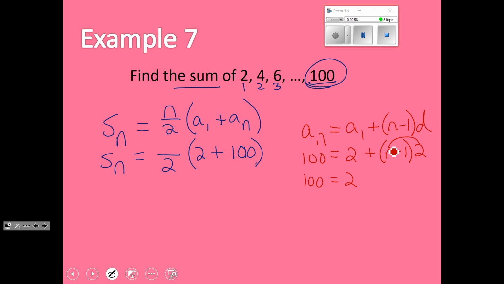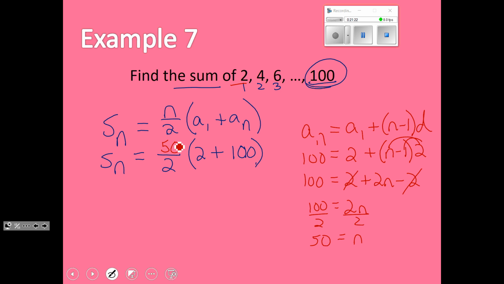So parentheses first, let's distribute 2n minus 2. So those cancel, and 2n is equal to 100. I'm going to divide by 2, so n is equal to 50. And that makes sense, because if you're starting at 2, and you're going to count by 2's all the way to 100, so how many? That would be the 50th term.